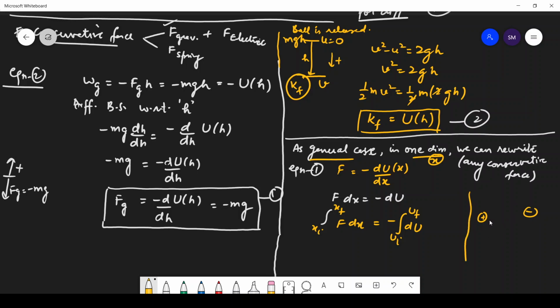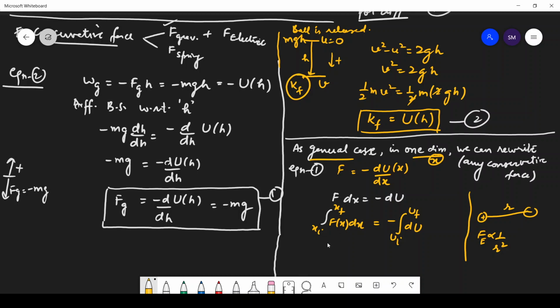The force acting between these two charges is inversely proportional to the square of the distance, so this electric force depends on the distance between them. That is your x here, so this variable force is also a function of x.